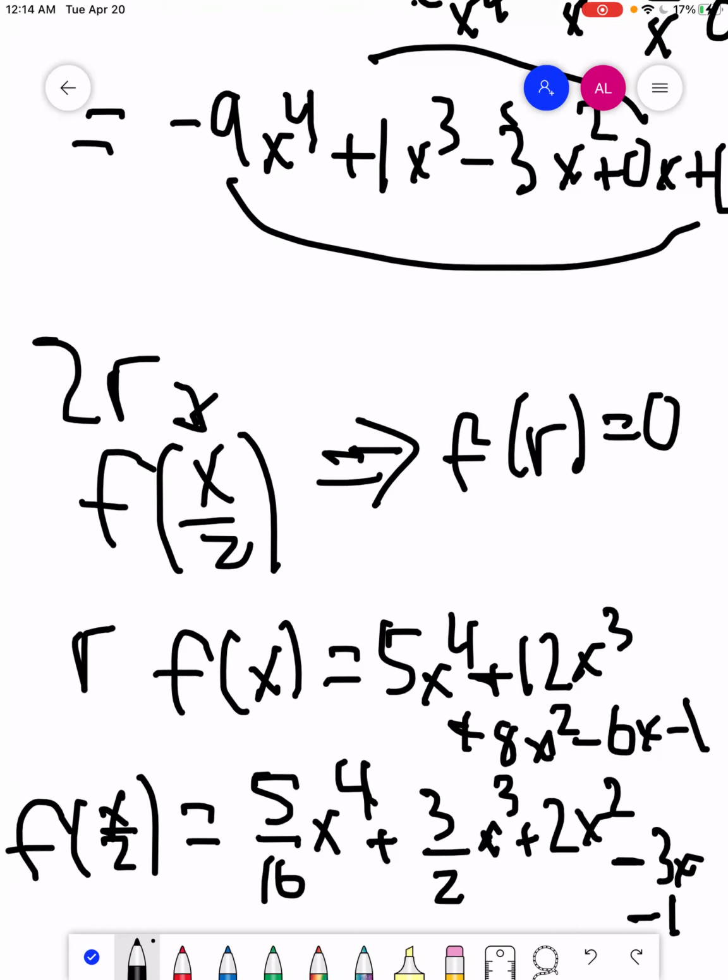And the roots for this polynomial will be twice the original. Moving on.